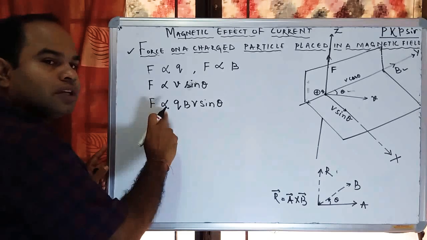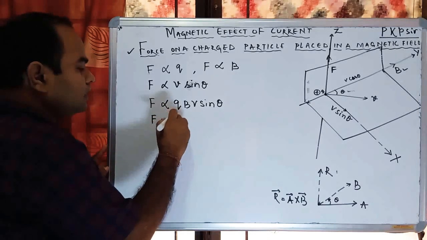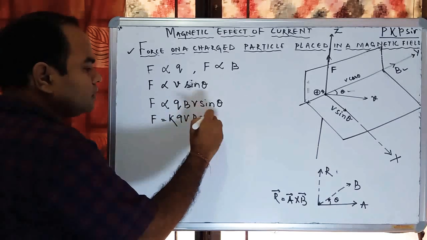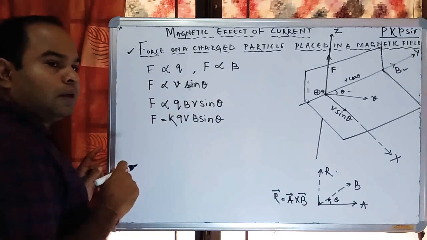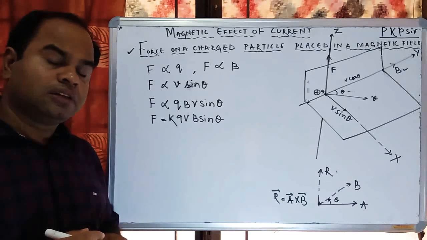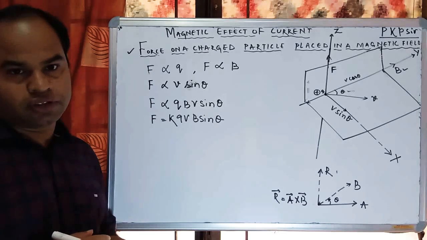Removing the proportionality, a constant comes in, so F is equal to K Q V B sin theta. The magnetic force is chosen in such a way that the value of the constant is unity, that is 1.